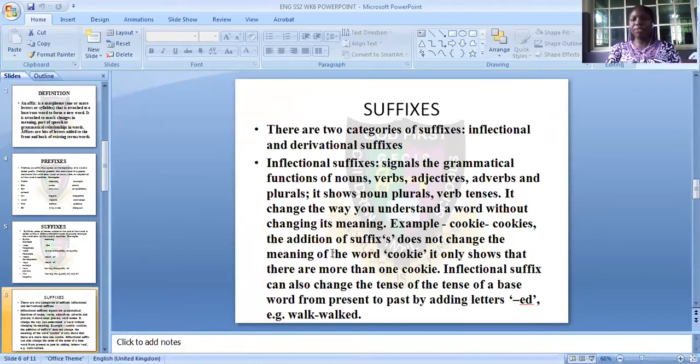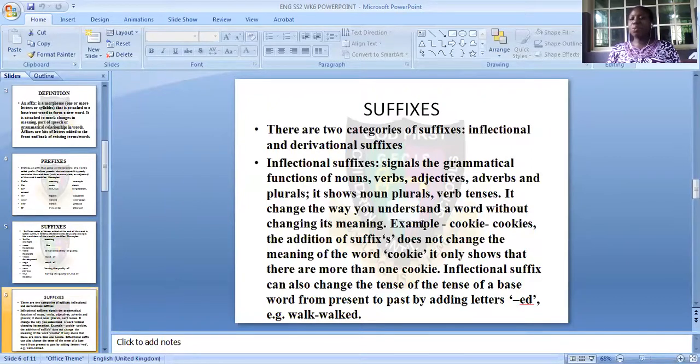Number one, inflectional suffixes. Inflectional suffixes signal grammatical functions. They show noun plurals and verb tenses.